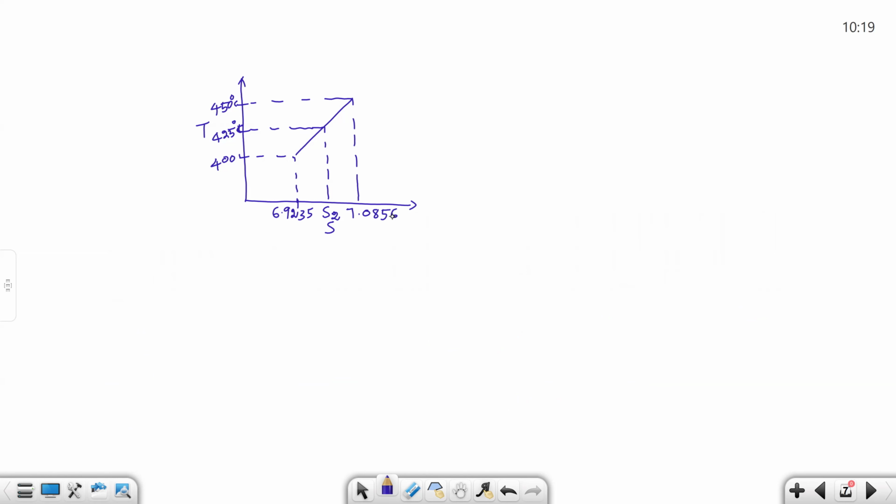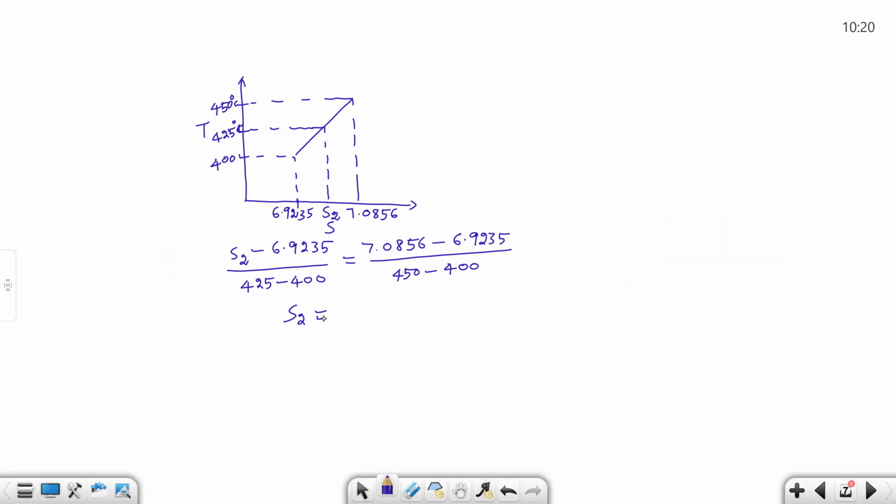So use the interpolation. S2 minus 6.9235 by 425 minus 400 is equal to 7.0856 minus 6.9235 by 450 minus 400.